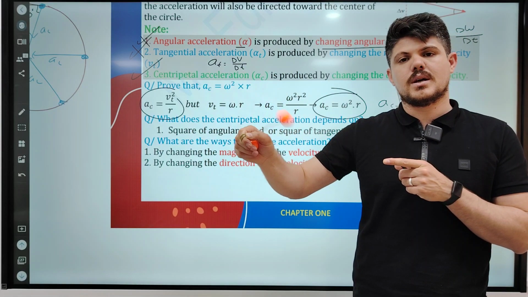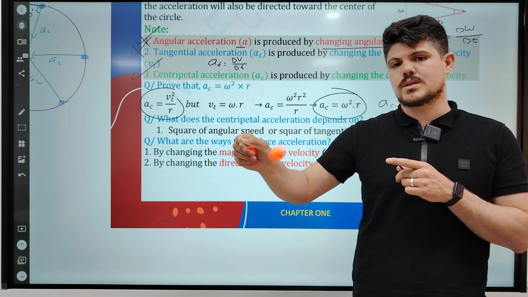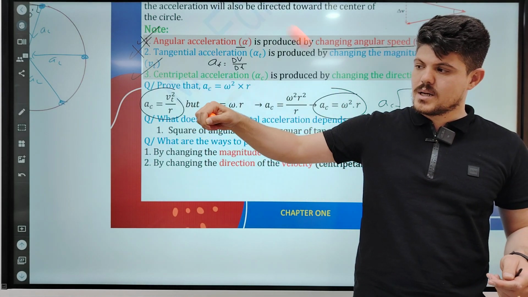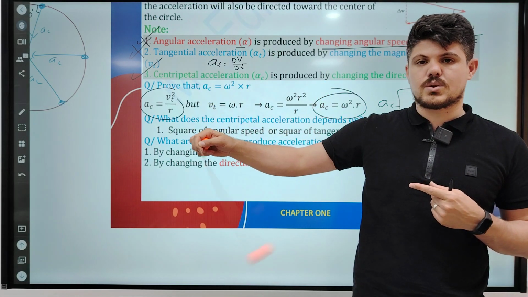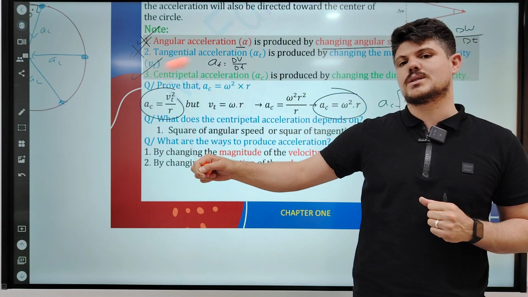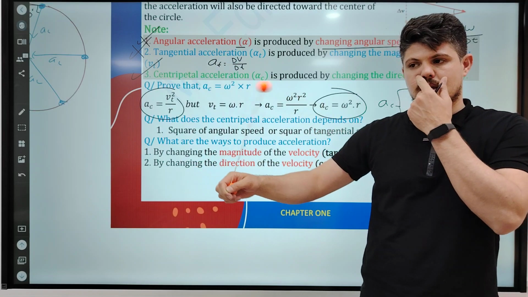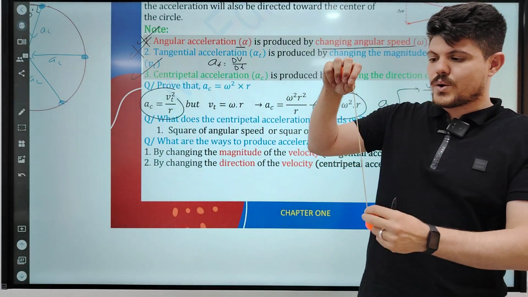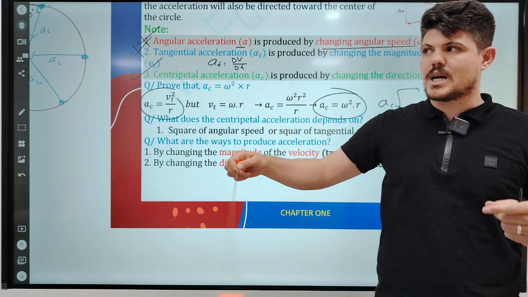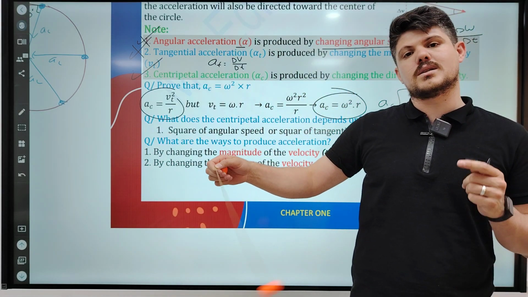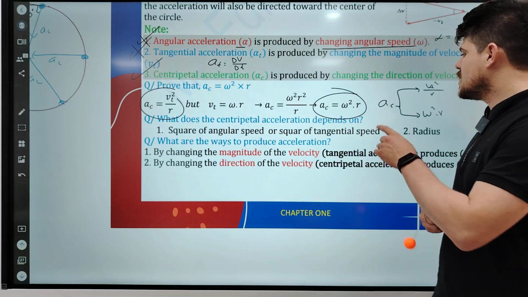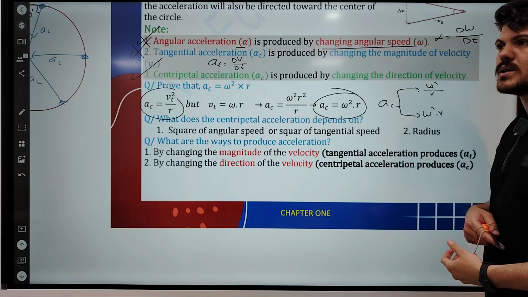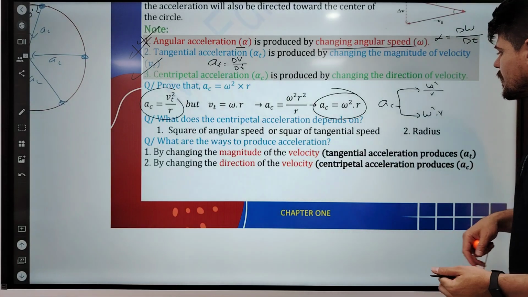It increases. I do apologize. When we increase the radius of the circular path, what happens to the centripetal acceleration? It decreases. Why? Because AC and the radius of the circular path are inversely proportional.